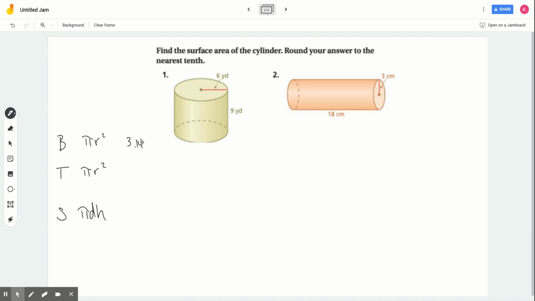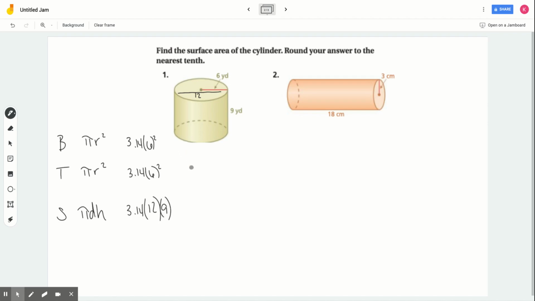So 3.14 times 6 squared, and remember that 6 squared is 6 times 6. And then for the side, we have 3.14 times the diameter. If halfway across is 6, then all the way across is 12. Times the height of the cylinder, which is 9.